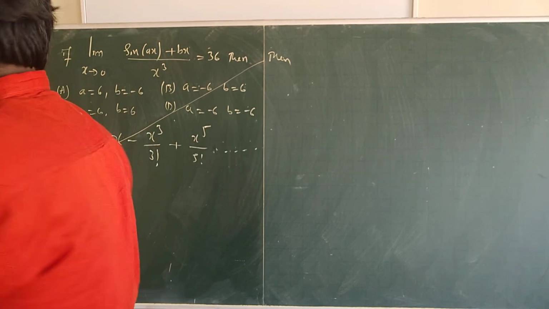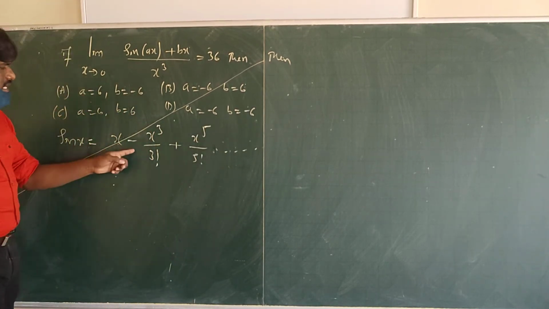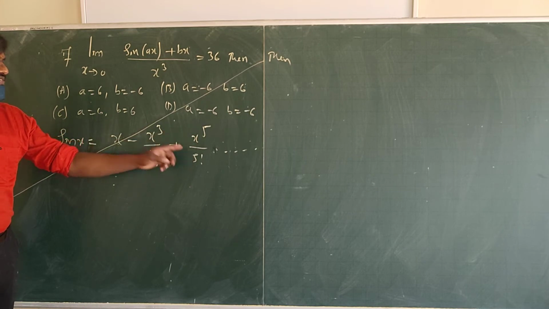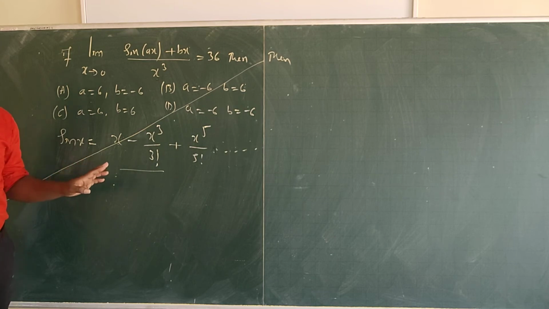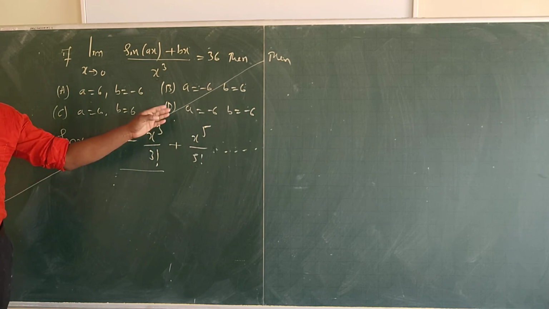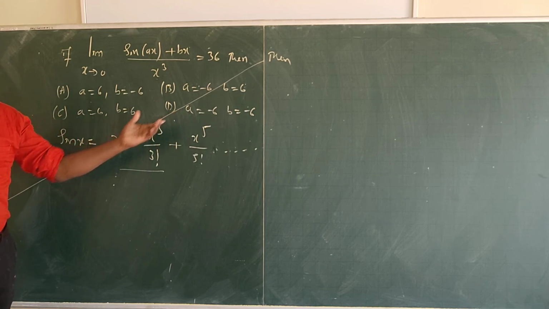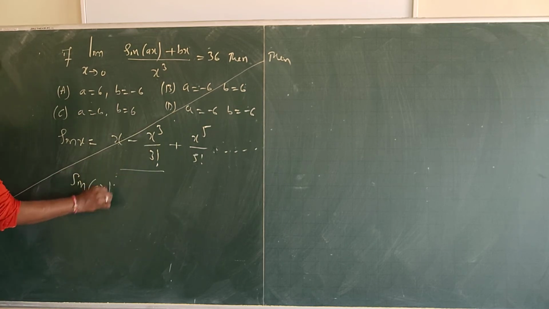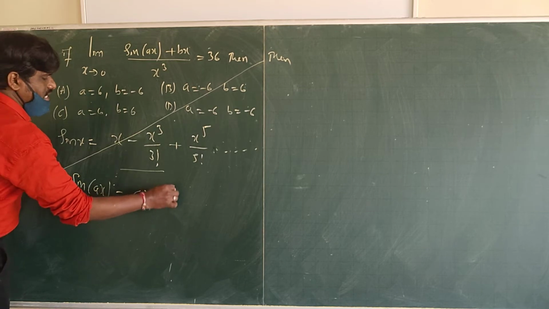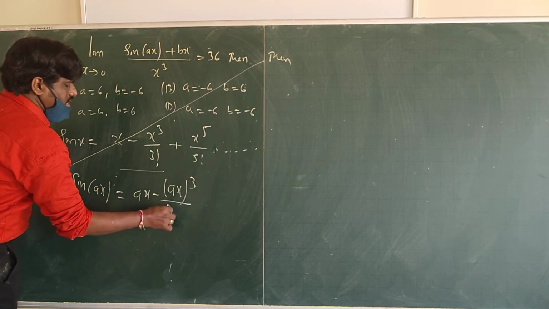I will do it. See here, sin x expansion is x minus x cube by 3 factorial plus x to the fifth by 5 factorial. You have denominator x cube, so expansion is required till x cube only. Sin ax becomes what? Sin ax is equal to ax minus (ax) whole cube divided by 3 factorial.